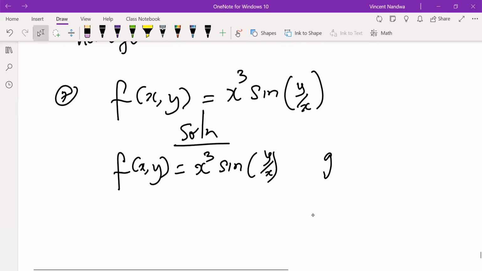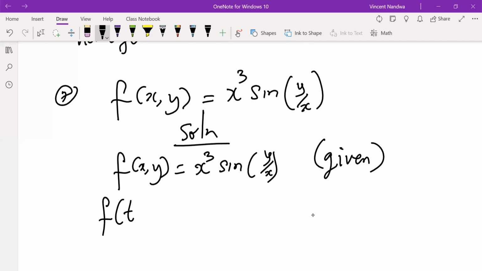This is what is given. Now f of tx, ty means where there's x replaced by tx, where there's y replaced by ty.